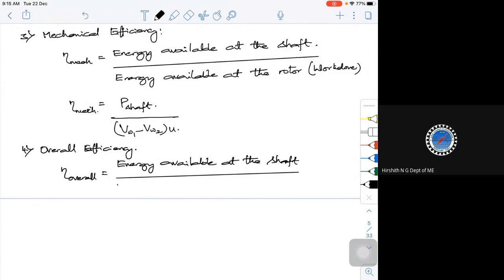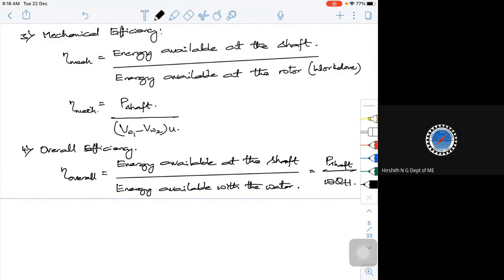If I write it, this is P shaft to omega QH. Okay, P shaft to omega QH.